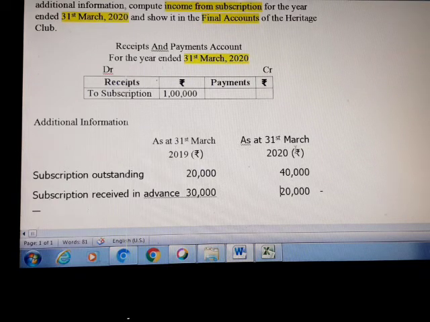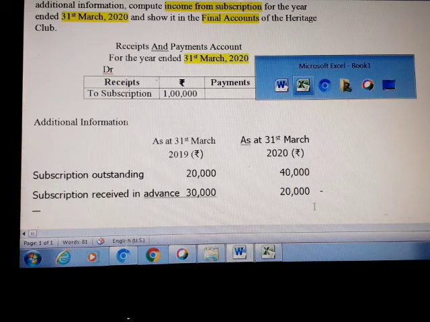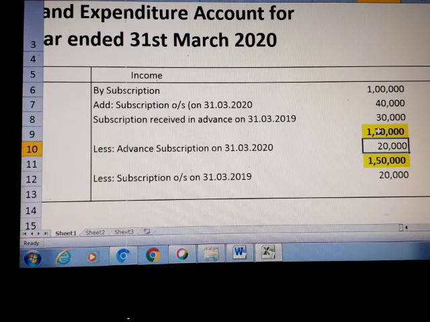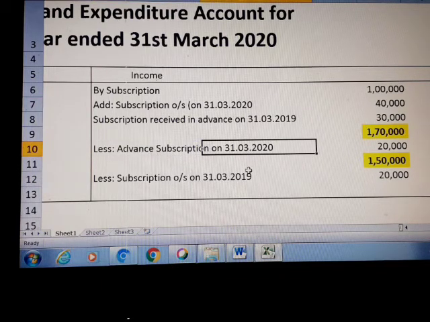This amount I have to subtract it. So this amount of 20,000 I have to subtract it from the grand total what I received, that is from 1,70,000.